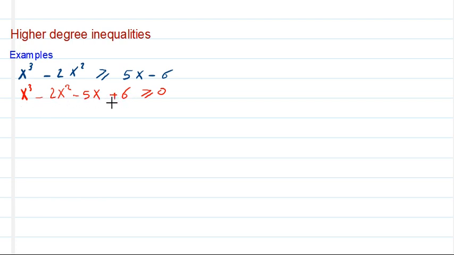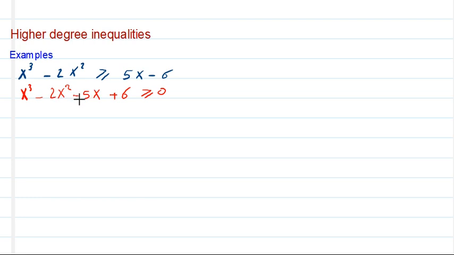I need to decide whether I can take a common factor from each 2 terms. So let's see here, 6 divided by minus 5 doesn't equal minus 2 divided by minus 1 plus 1. So in this case, I can't factorize this inequality. We will skip directly to the other method, which is the synthetic division.